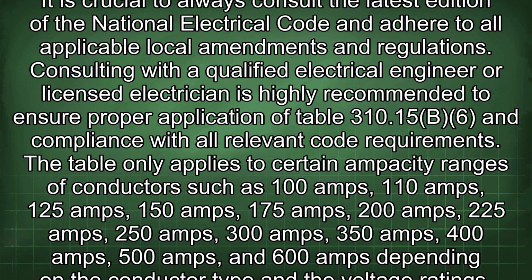The table only applies to certain ampacity ranges of conductors such as 100 amps, 110 amps, 125 amps, 150 amps, 175 amps, 200 amps, 225 amps, 250 amps, 300 amps, 350 amps, 400 amps, 500 amps, and 600 amps depending on the conductor type and the voltage ratings.